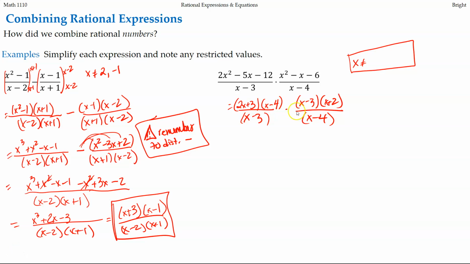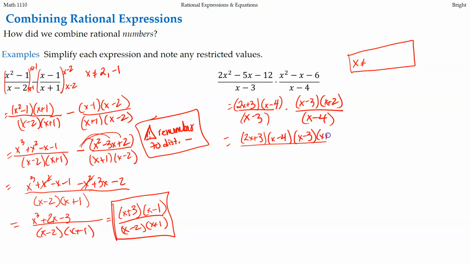So I paused the video and factored this, and here's what I got when I factored it. And next, I'm just going to multiply fractions, or multiply rational expressions, which is just multiply numerators and denominators. So I have 2x plus 3, x minus 4, and then x minus 3, x plus 2. Okay, and then x minus 3, x minus 4, okay, in the denominator.